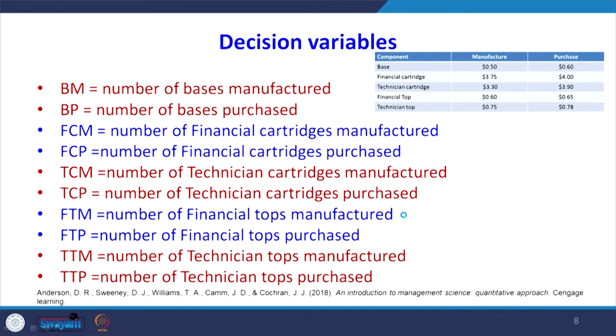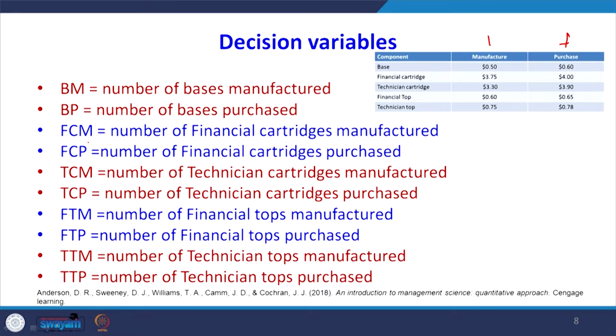Now, we will discuss the decision variables. For each component, if it is manufactured there will be one decision variable, and if it is purchased there will be another. For example, BM is base manufactured, BP is base purchased, FCM is financial cartridge manufactured, where M represents manufacturing, and FCP is financial cartridge purchased, where P represents purchasing from outside.